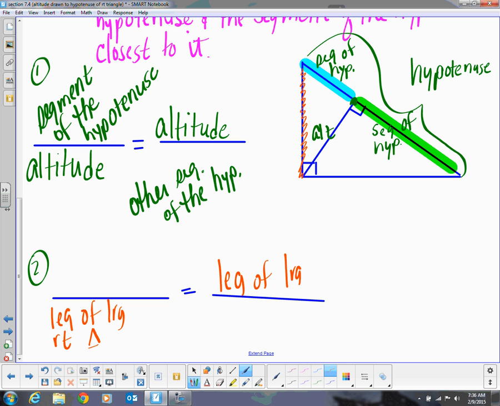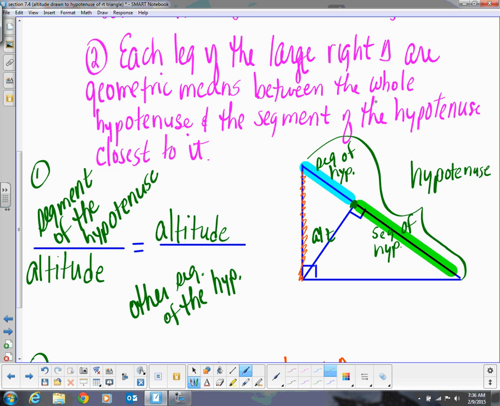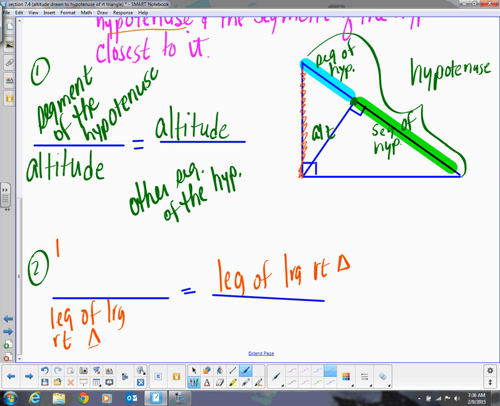What is it the geometric mean between? This is telling us the whole entire hypotenuse. So this would be the whole hypotenuse.